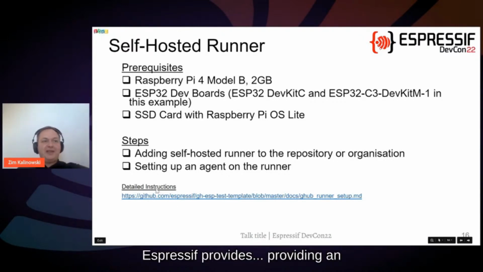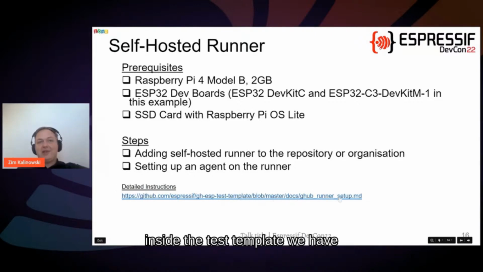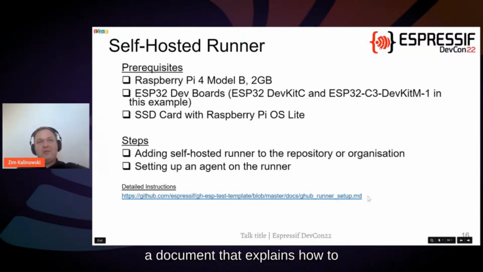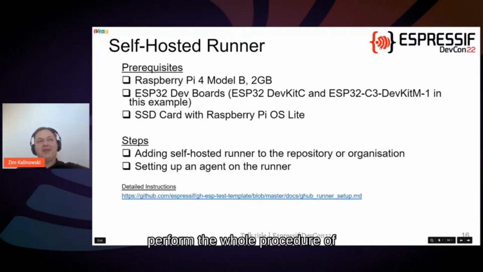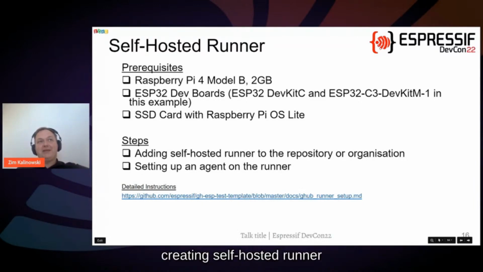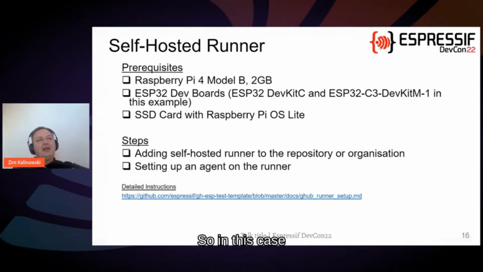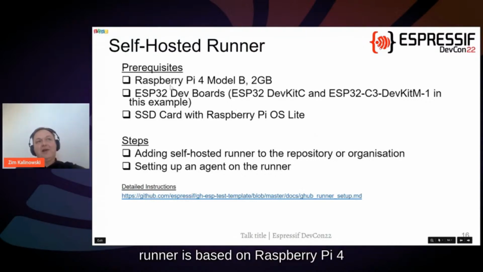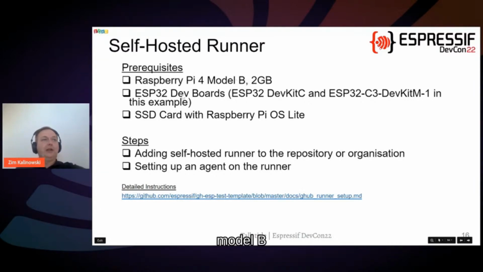Espressif provides an example. We actually have an entire test template. Inside the test template, we have a document that explains how to perform the whole procedure of creating a self-hosted runner. In this case, the runner is based on Raspberry Pi 4 Model B.